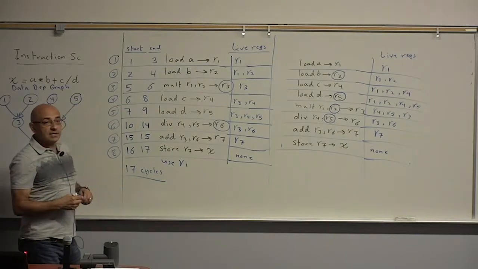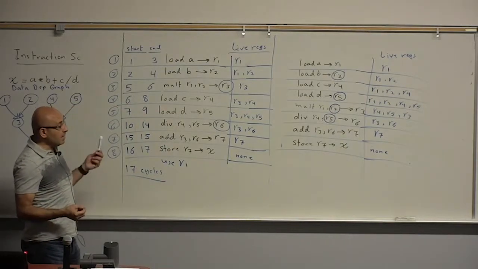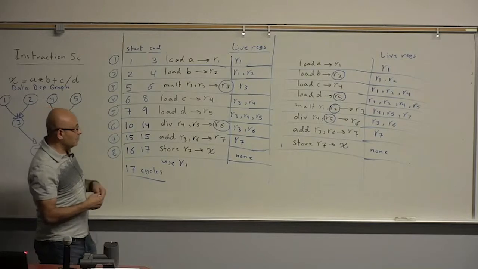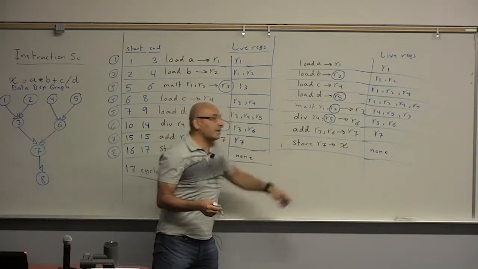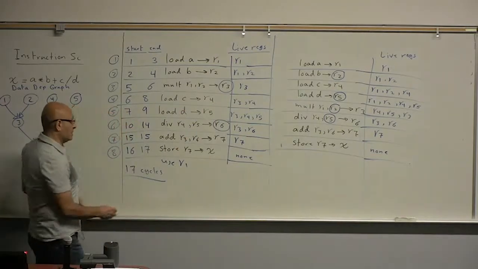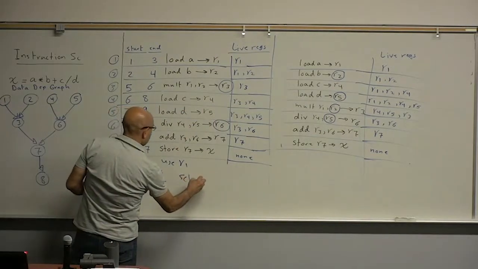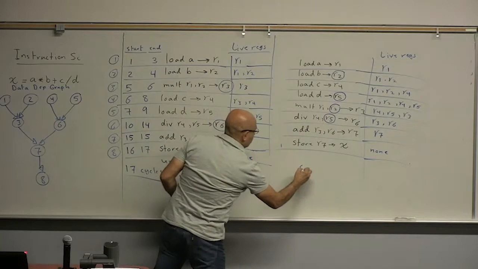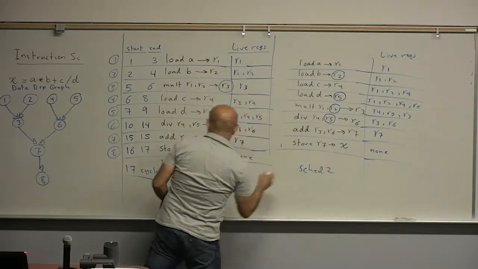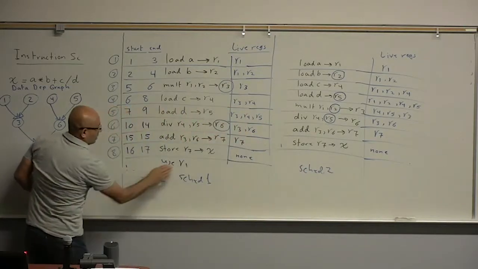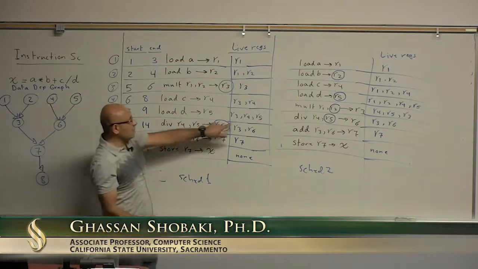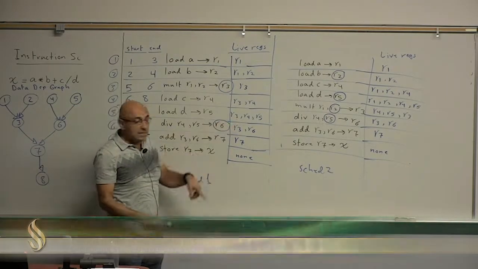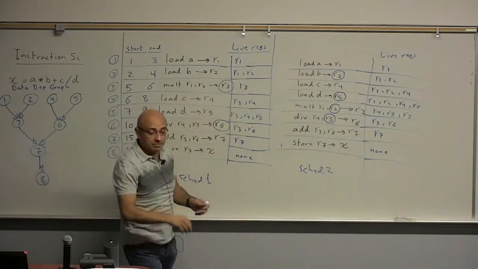Now the question is, what's the minimum number of physical registers that you need here? So this is schedule 1, and this is schedule 2. Here, this is your peak, the maximum.